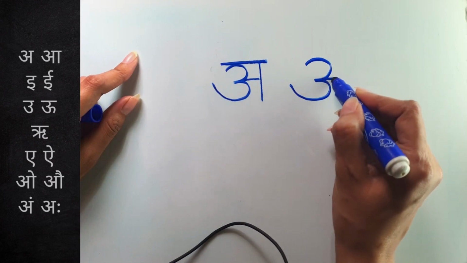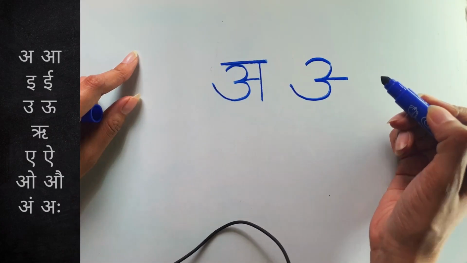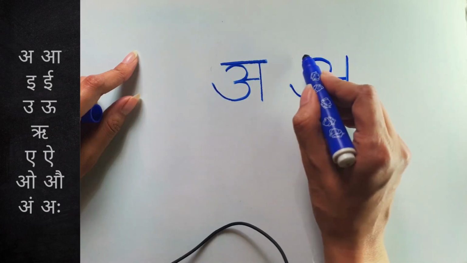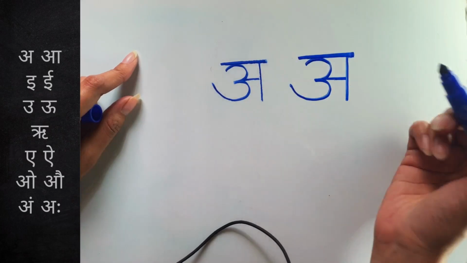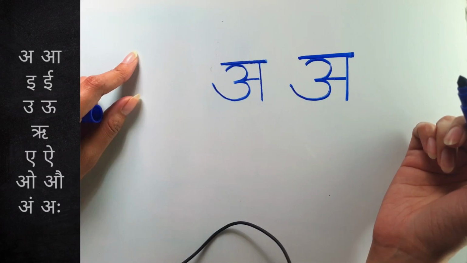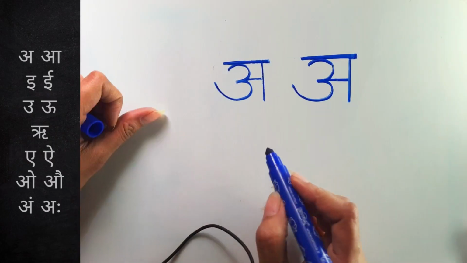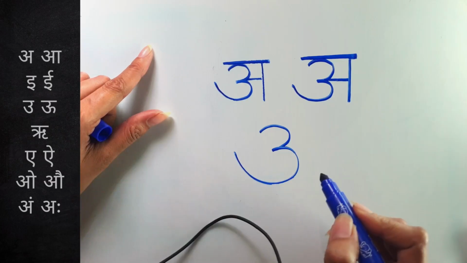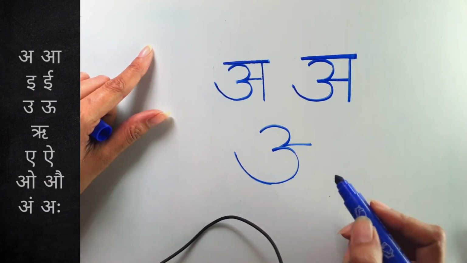Okay, then a straight horizontal line, and then a vertical line, and the top line. This is A. Okay, let's do it once more.